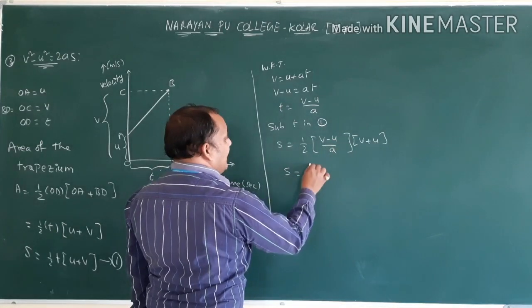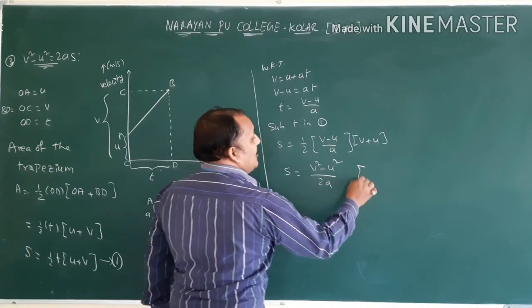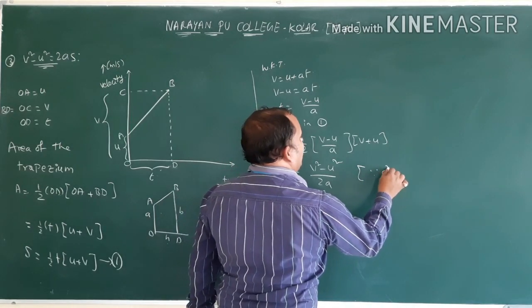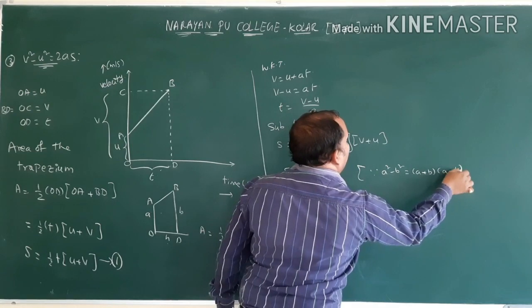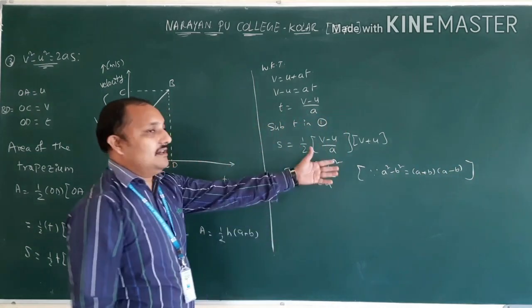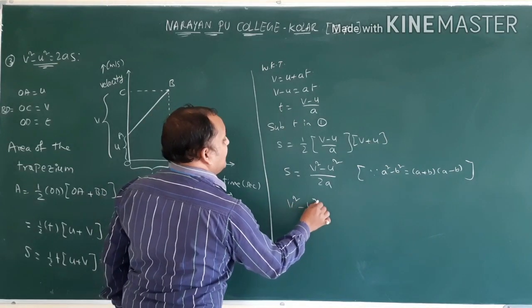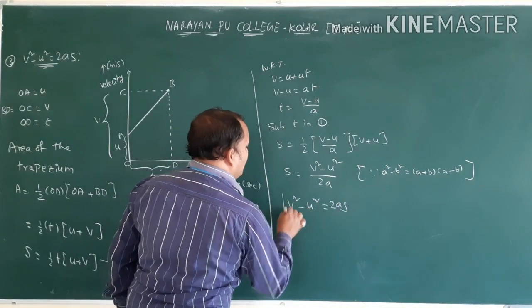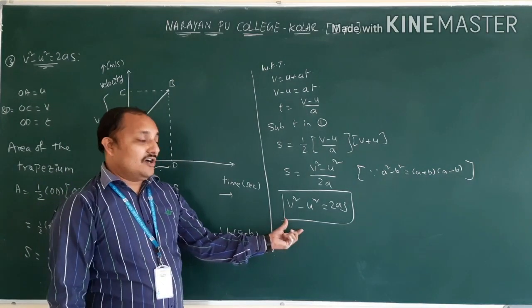Therefore, we can write the numerator as V square minus U square, divided by 2A. Now the final equation: V square minus U square equal to 2AS. So this is the final equation of motion.